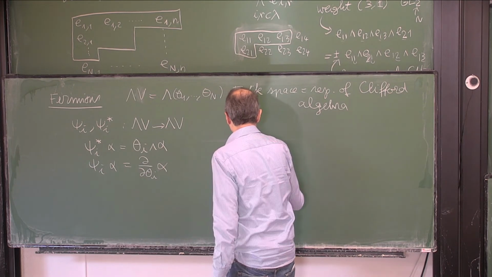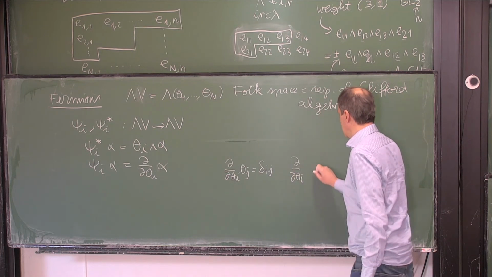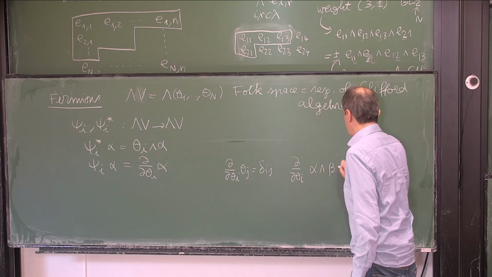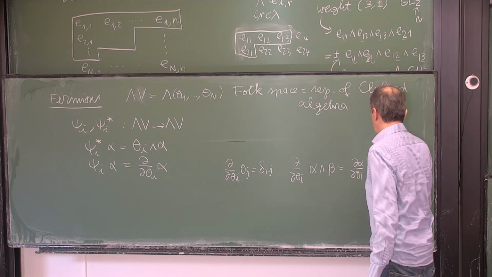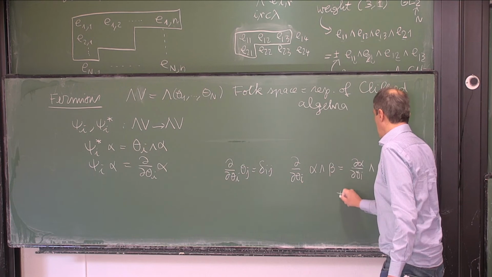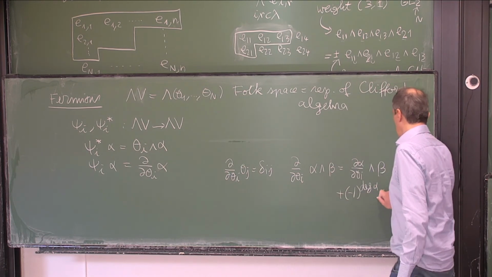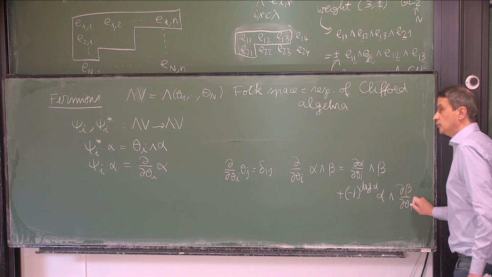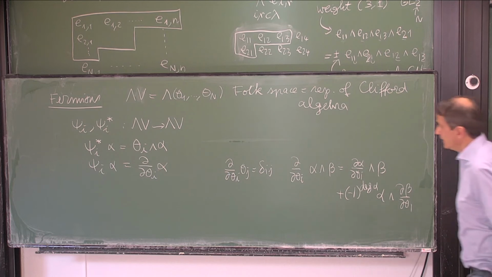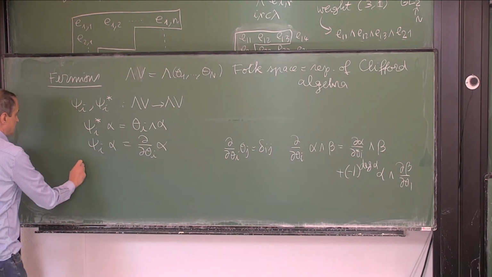Psi_i psi_j star anticommutator is delta_ij, and d over d theta_i of alpha wedge beta is d alpha over d theta_i wedge beta plus (-1)^degree alpha wedge d beta over d theta_i. Okay, and then these objects obey the canonical anti-commutation relations.